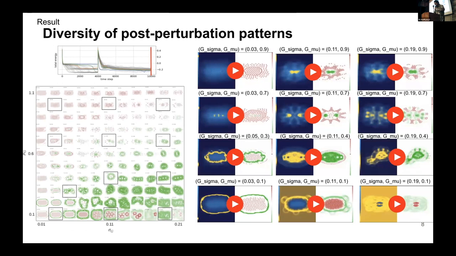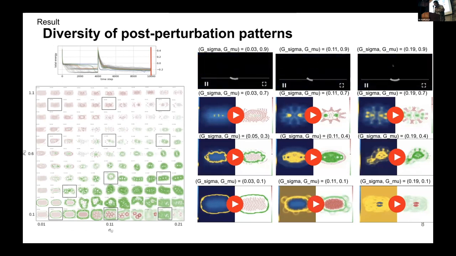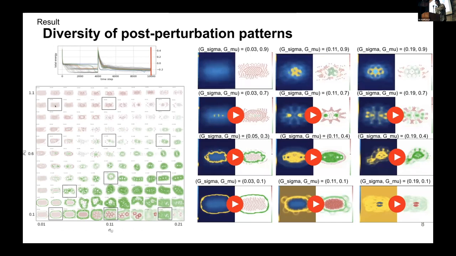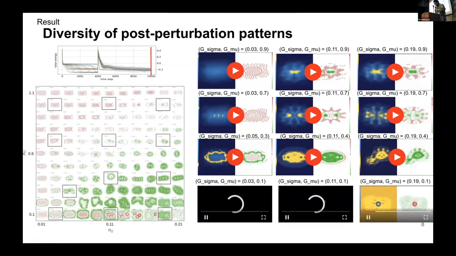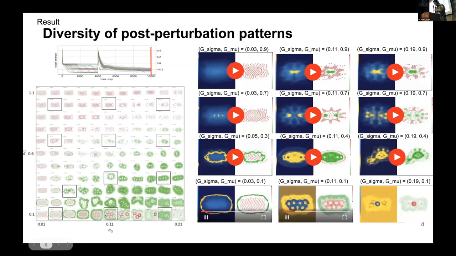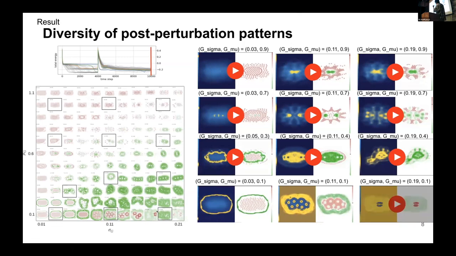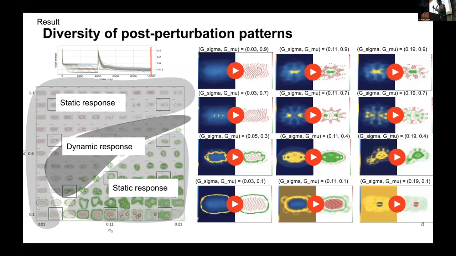After that, we apply the stretch perturbation to the stable patterns. This is an example. These three movies correspond to these parameters. In this area the particles don't move, but for these parameters they are dynamically moving and still keep moving. And these three movies for these three parameters almost don't move. So we briefly characterize the perturbation responses as static response and dynamic response.